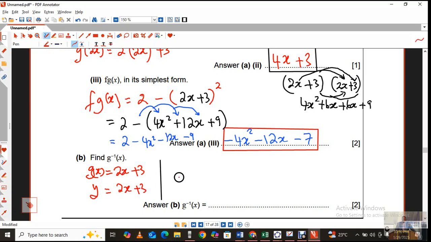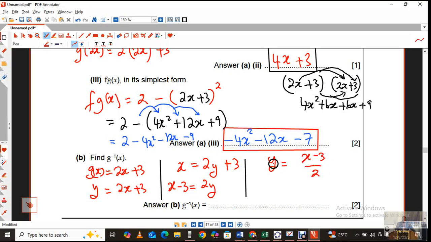Anyway, let's make x the subject of the formula by switching the letters. Where y is, we put x, and where x is, we put y. The objective is to make y the subject of the formula. Then 2y will be x minus 3, because that 3 goes to the other side. If I continue, I get y equals x minus 3 over 2.